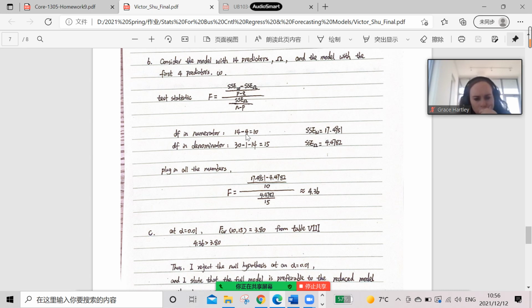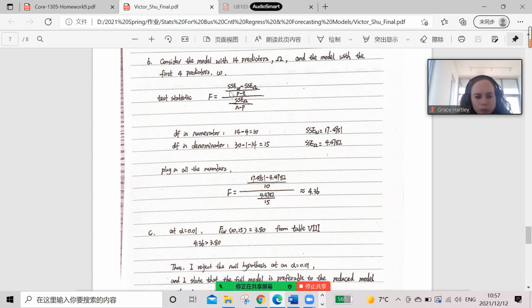Here we also do an F-test. In part B, consider the model with 14 predictors, with a capital lambda, and the model with the first 4 predictors, which I would say is omega. Here is the formula for the test statistic.